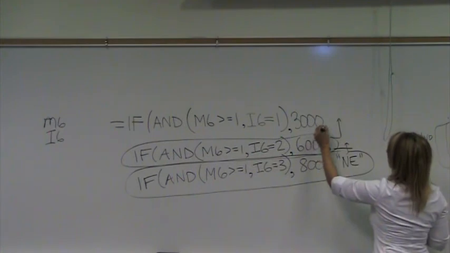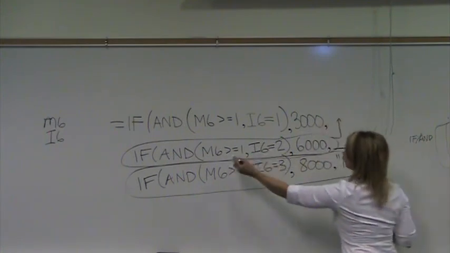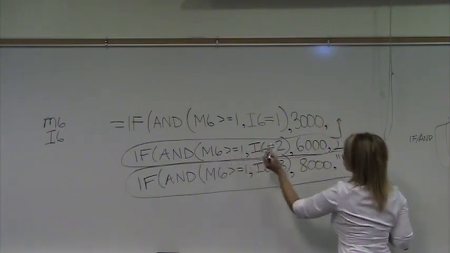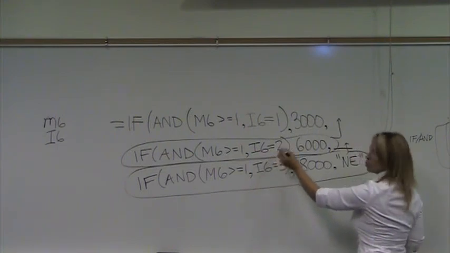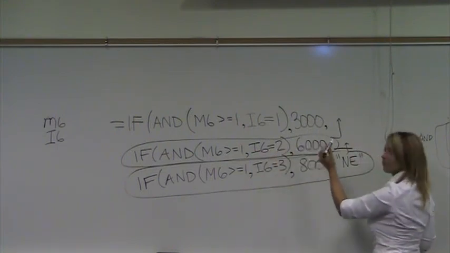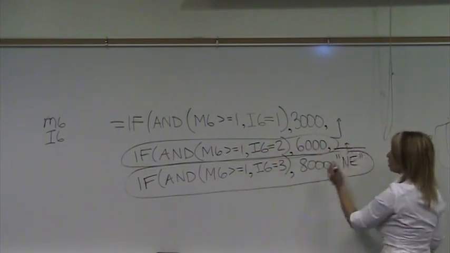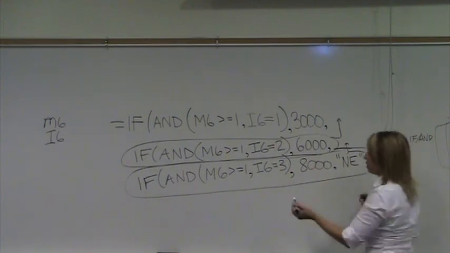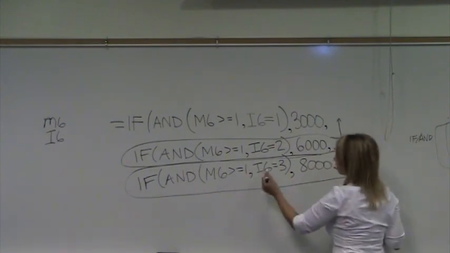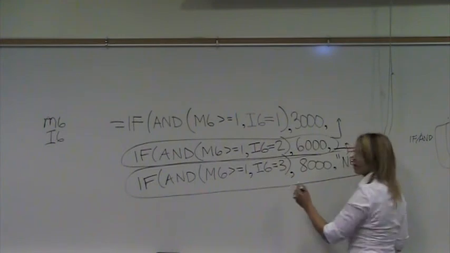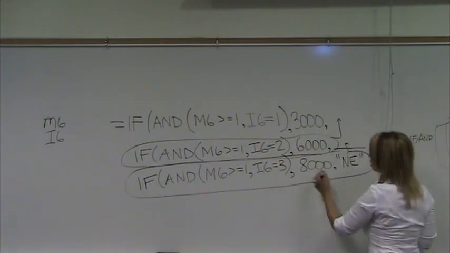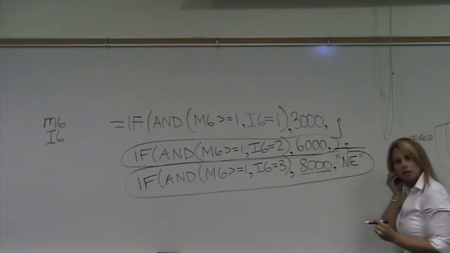So if it's not 3,000, it's false. We look here. Is it years of service greater than 1 and pay grade equal to 2? If that's true, it's 6,000. But if it's false, we need to evaluate something else. Is years of service greater than or equal to 1 and pay grade equal to 3? If that's true, then they get an $8,000 bonus.